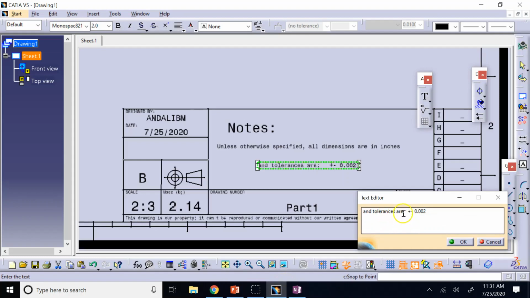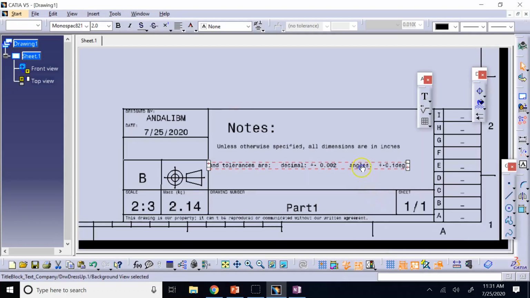So you say tolerances are decimals that much, and then angles again plus minus 0.1 degrees. Yes?